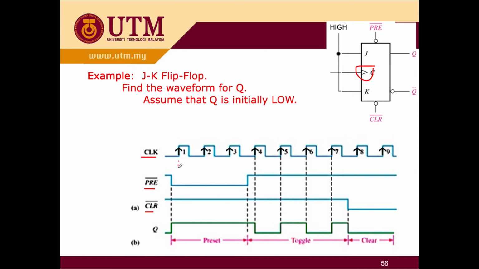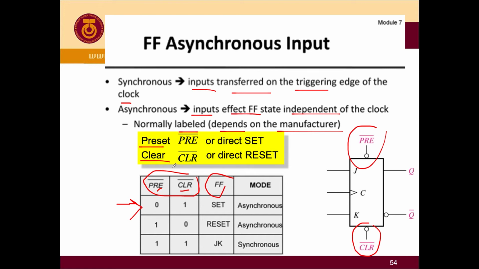Maybe you can also draw dotted lines at each of the clock transitions, assuming Q is low at the initial state, and you can see whatever happened to your preset and clear. So you might refer to this one.